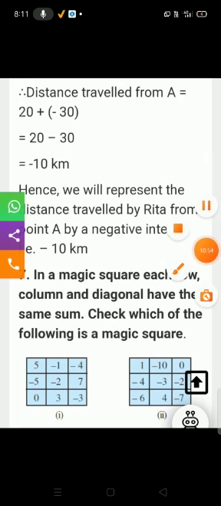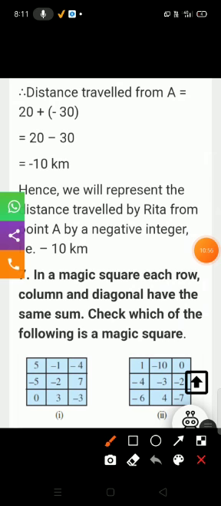A square is given, with some numbers in rows and columns. In a magic square, each row, column and diagonal has the same sum. So the question is to check which of the following is a magic square.